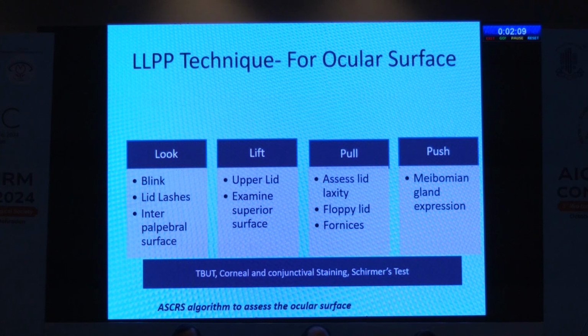Then pull: by pulling, we assess lid laxity, whether horizontal or vertical, or any floppy lid, or the position of the fornices. Then push: by pushing, we express the secretion of the meibomian glands. This is according to the ASCRS algorithm, so we have to follow this LLPP technique.